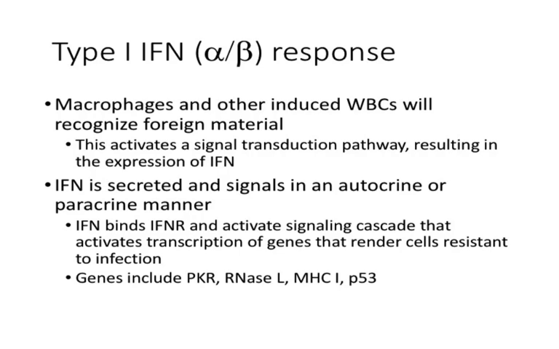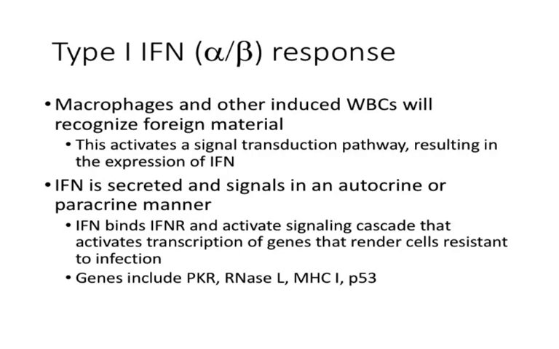This is a very brief overview of what interferons do. They are secreted by infected cells. Interferons, the major type, there are two types, 1 and 2. We're just going to focus on type 1, which sometimes you'll see the terms interferon alpha and interferon beta as the specific ones.